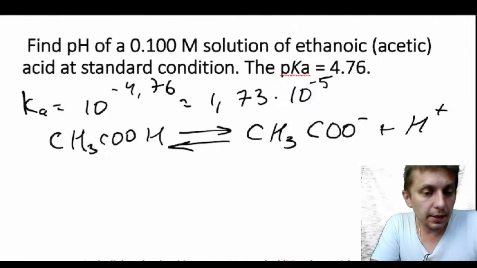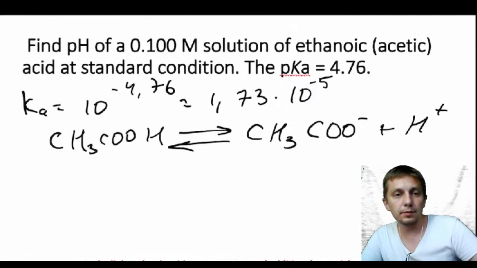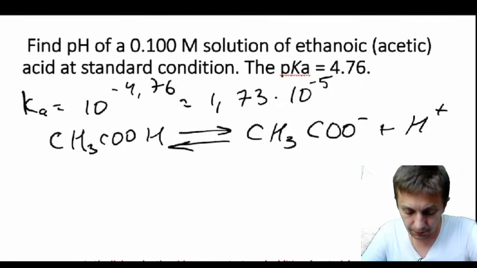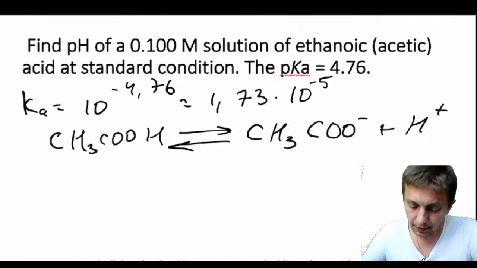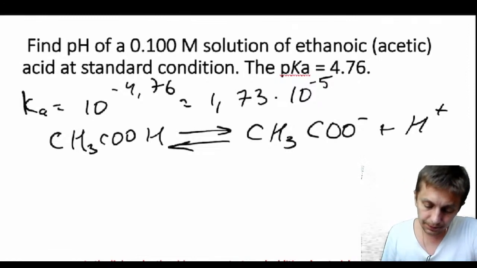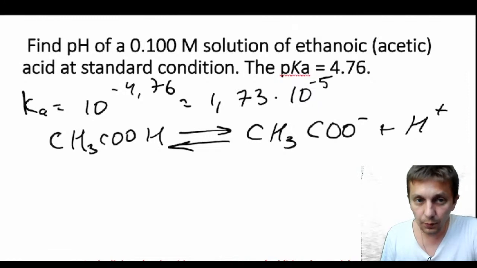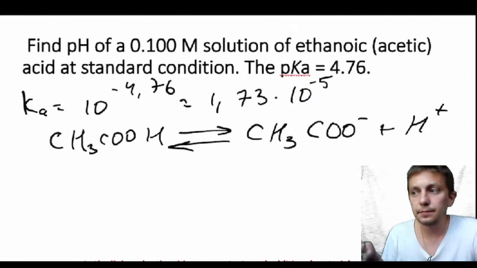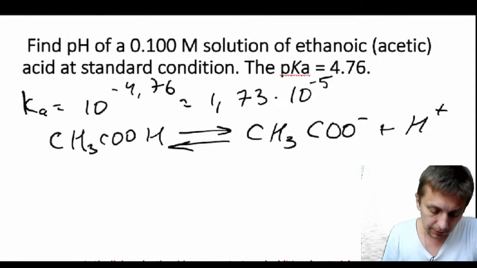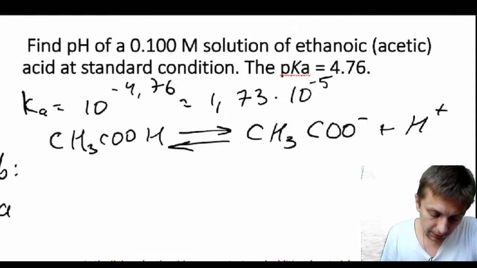As I said in the lesson about acids, if you're dealing with COOH, it means acidic groups. And if we're dealing with a weak electrolyte, we can build a table before dissociation and after dissociation.